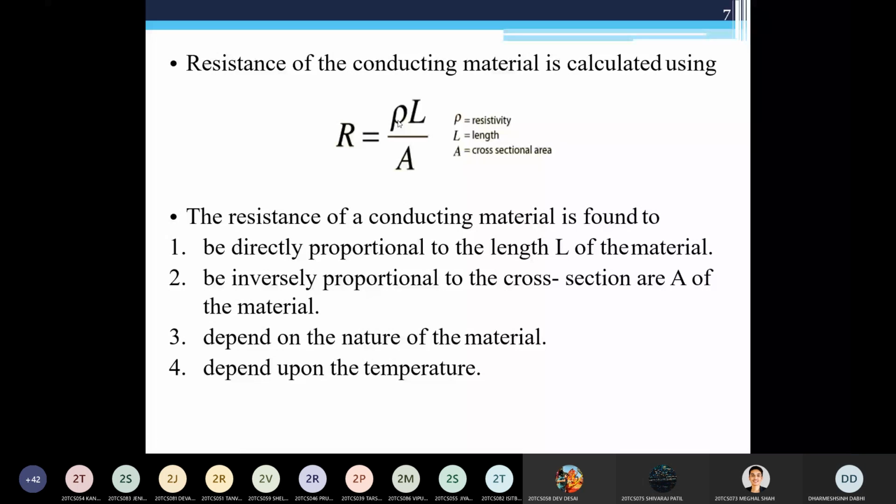Copper has different resistivity, aluminum has different resistivity, nickel has different resistivity. Fourth, it depends upon the temperature. As the temperature rises, maybe resistance rises or maybe it decreases, depending upon the material we use. Clear? So there are four different parameters that decide the value of the resistance.